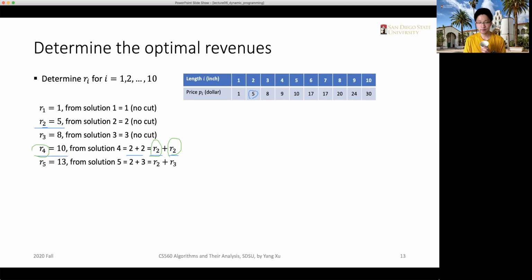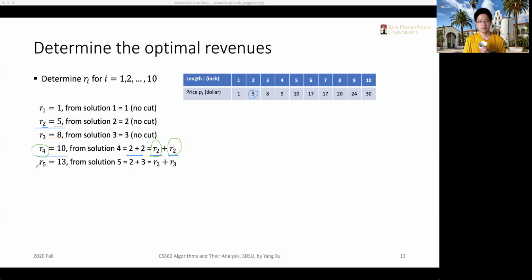Next, for R5, we find that the solution is 13, which is the decomposition of R2 and R3, because we have solved R3 here. We know that R3 is 8, and R2 is also known, which is 5.